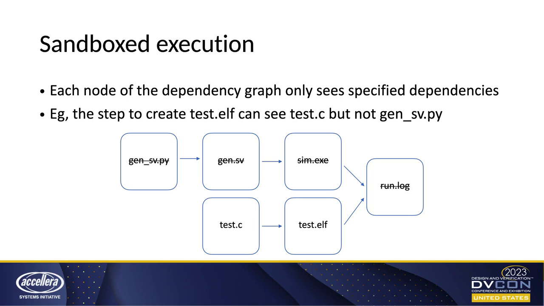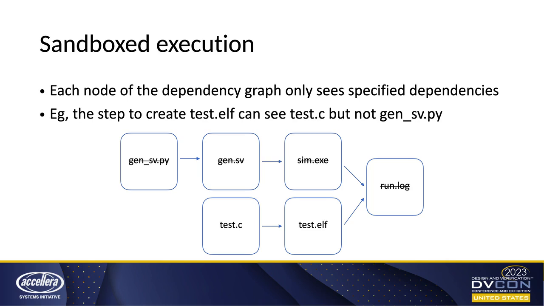It'll happily just produce test.elf. What will happen in Bazel though is this command is run in a sandbox. A sandbox is basically an independent directory. Bazel will generate a directory for every rule that it wants to run. And inside the directory, it'll populate via symlinks the dependencies that you say are dependencies.